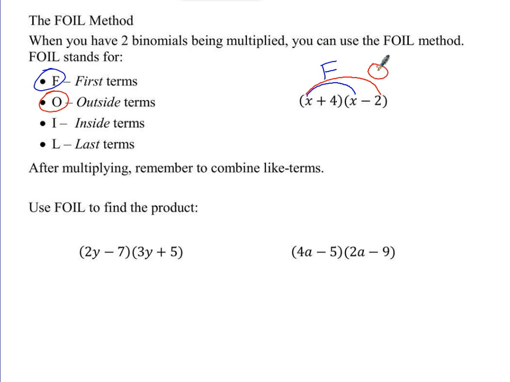And all you're doing basically is distributing that x in. Think of this as like distributing the x into both of those terms. If there was no 4 there, you just multiply in that x, just like the distributive property. Okay? Okay, that was O. The I term is the inside terms. If the two outer ones were the ones that were O, then the two inner terms are the ones that are I. So that right there is the I in FOIL.